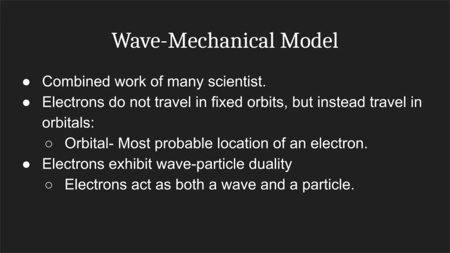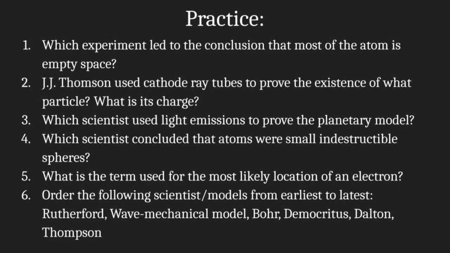Lastly, here are 6 practice questions to test your knowledge of these models we went over. Question 1 is, which experiment led to the conclusion that most of an atom is empty space? Question 2, J.J. Thompson used cathode ray tubes to prove the existence of what particle? What was its charge?